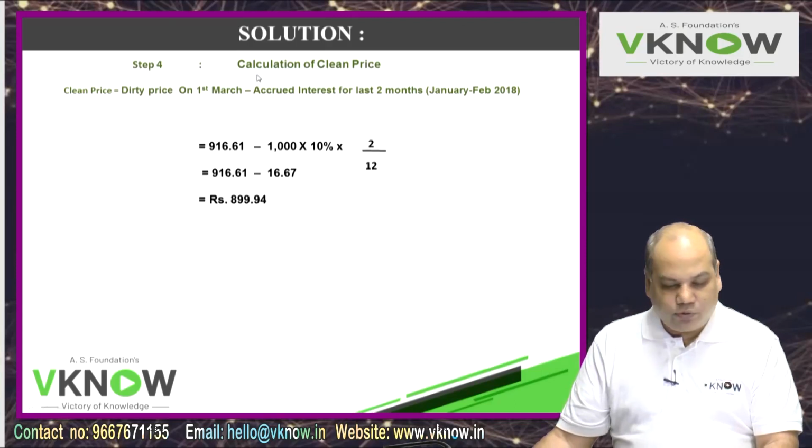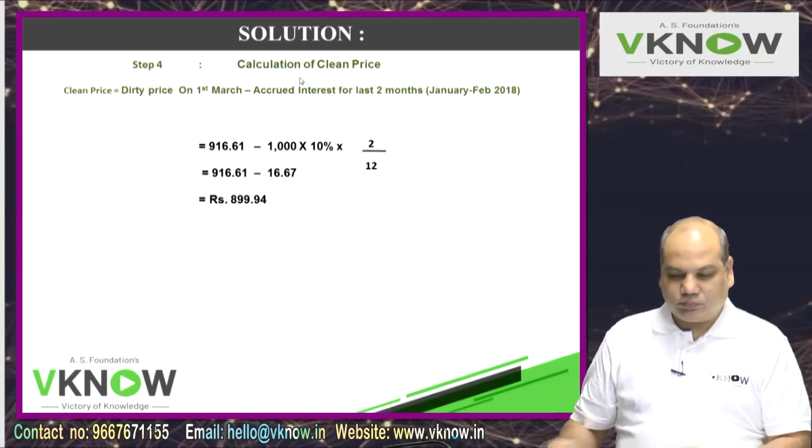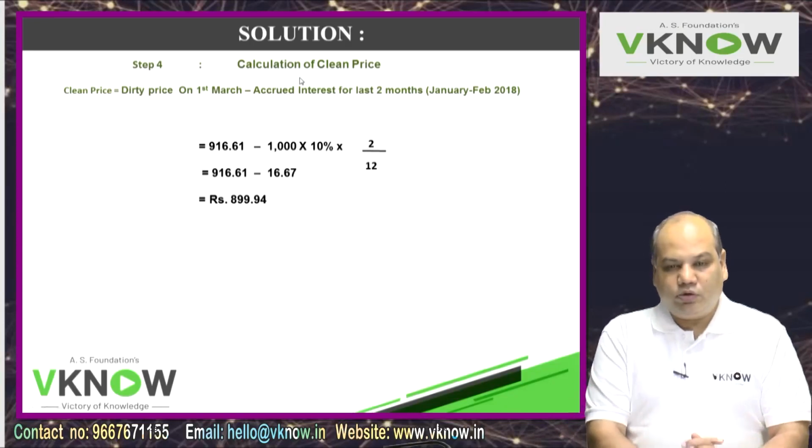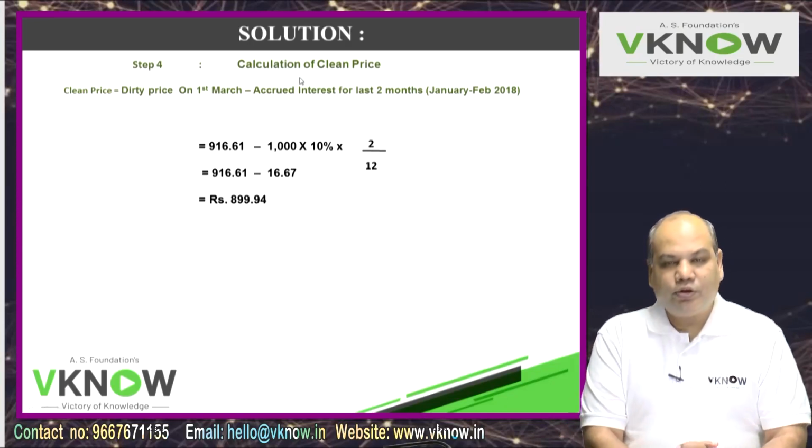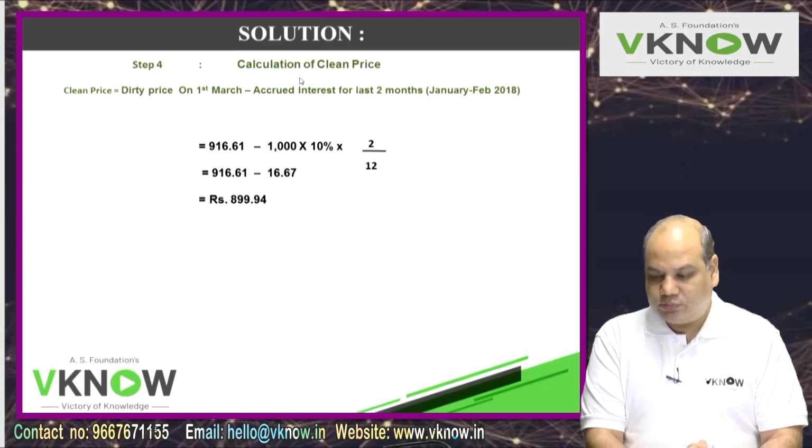So step number 4 would be calculation of clean price. Clean price is equal to dirty price on 1st March minus accrued interest for last 2 months.